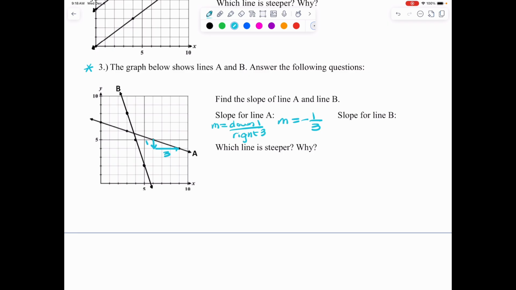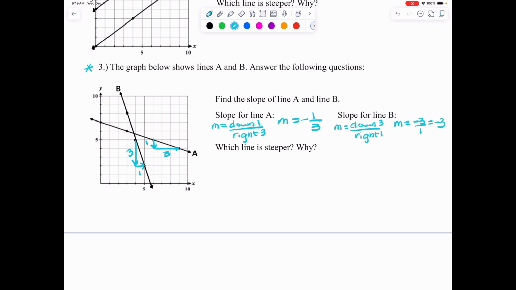When I do that for line B, I'm going down 3 to the right 1. So m equals down 3, right 1. That means m is, down 3 is -3 over 1, which is the same as -3.